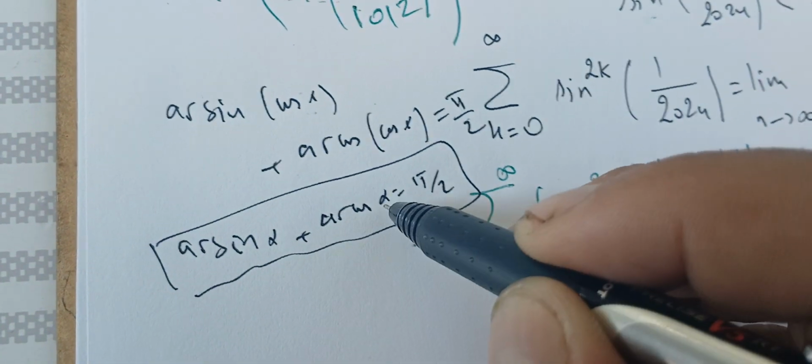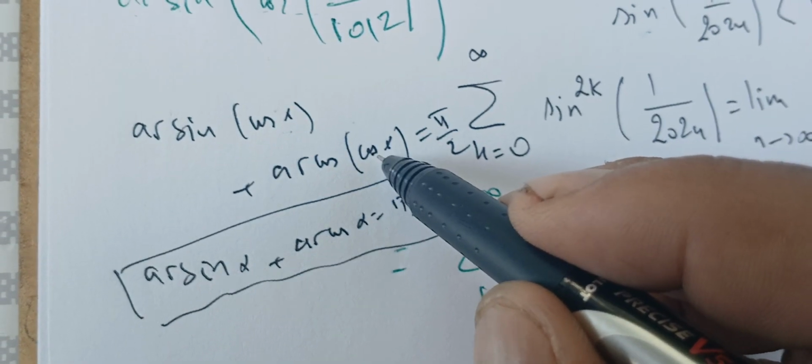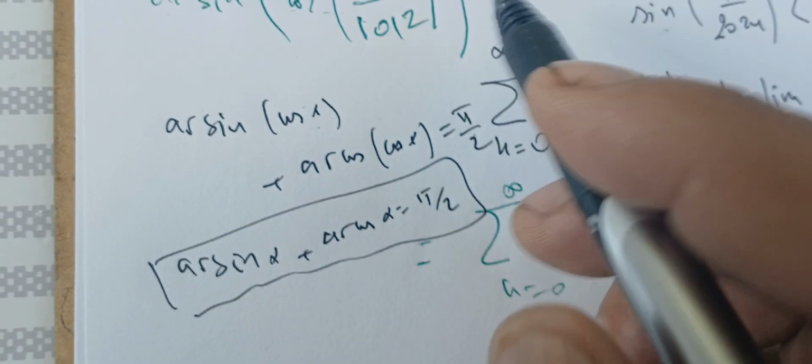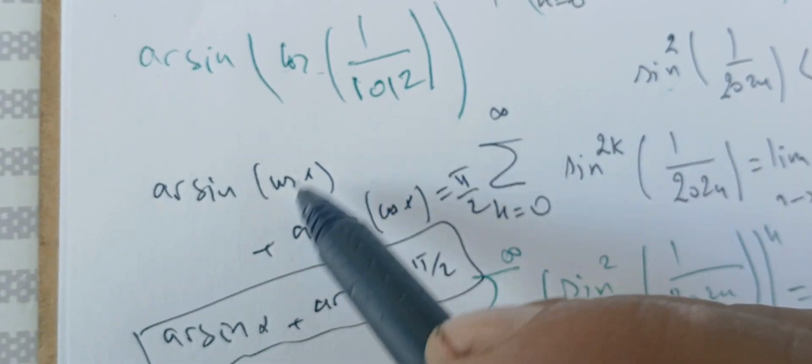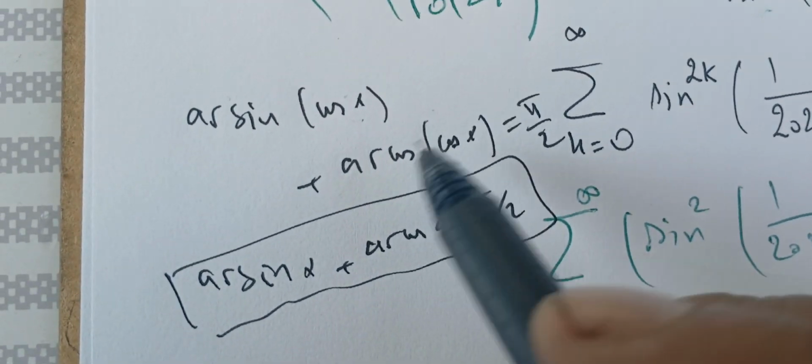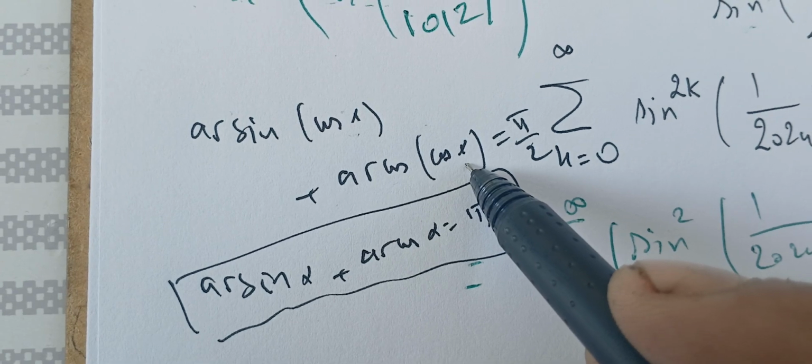If I take alpha as the cosine, and this number is always between -1 and 1, so I have no problem in definition. So I know the arccosine of the cosine is x.